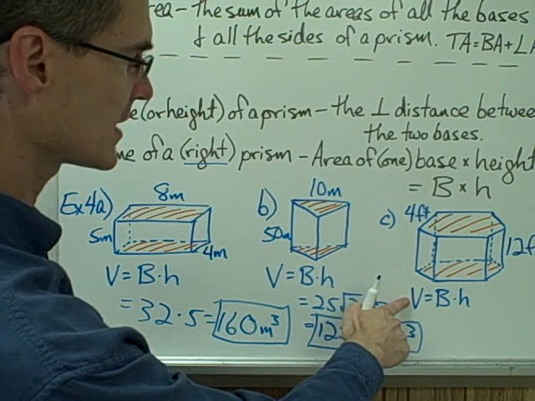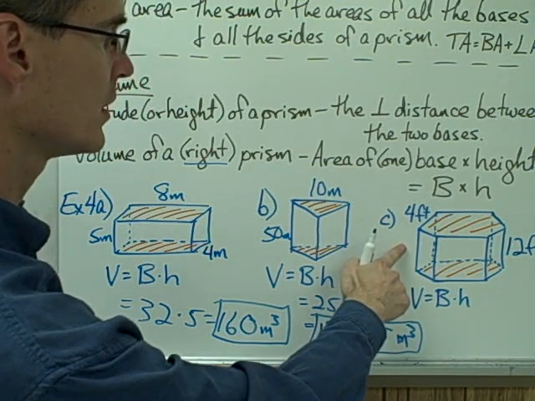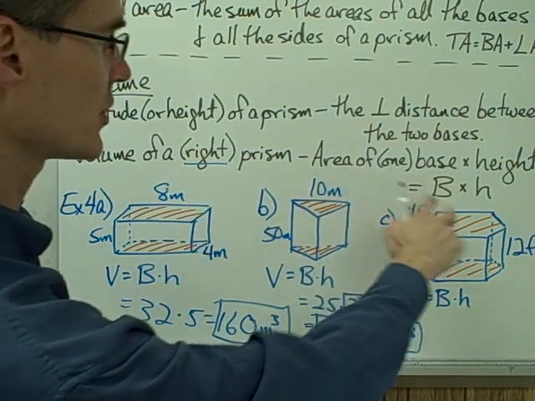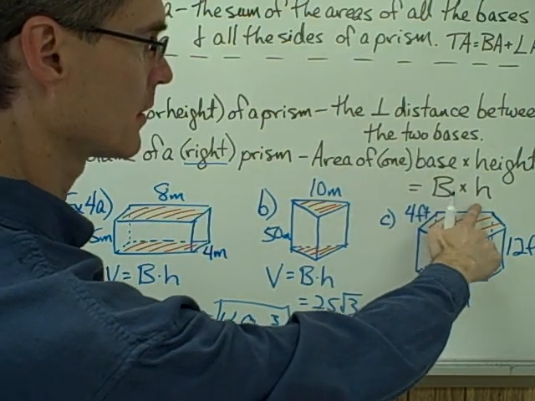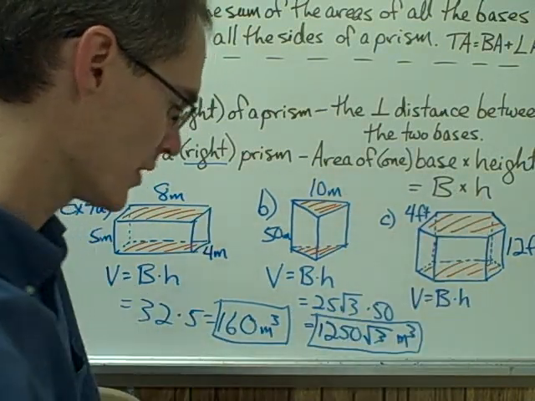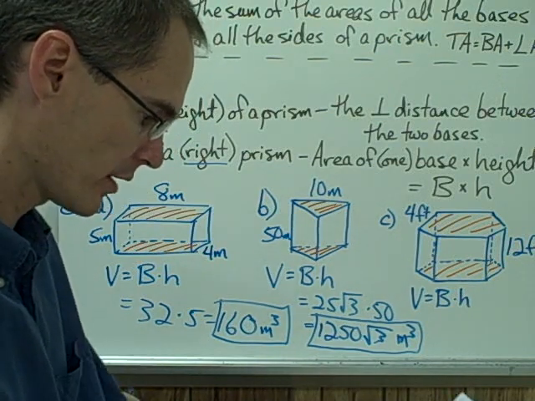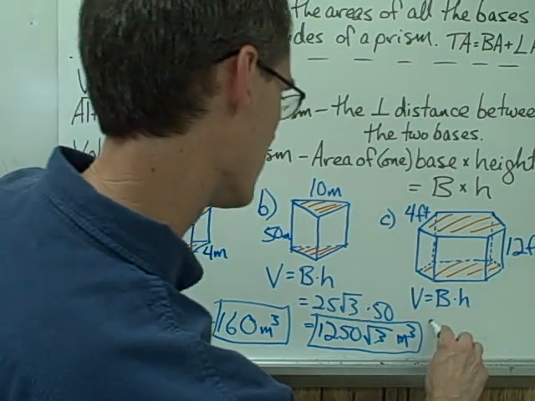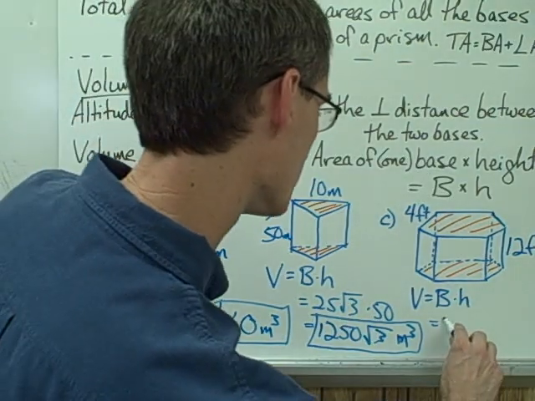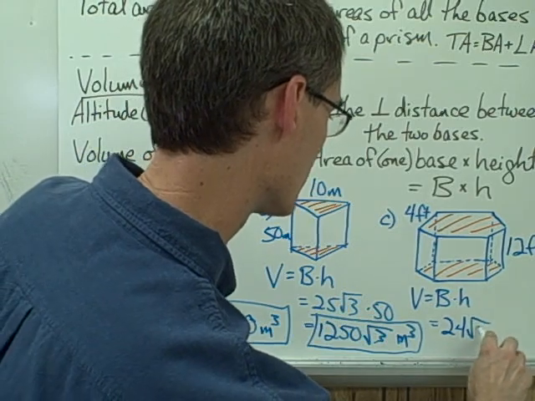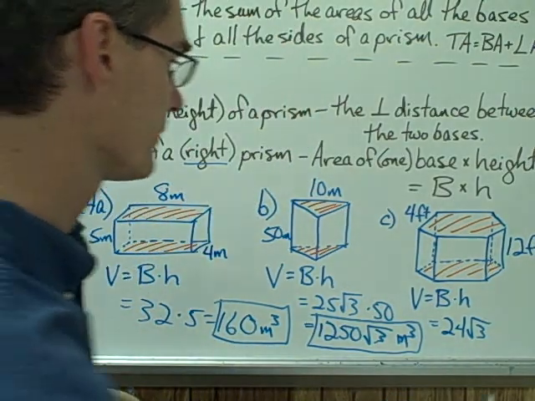Finally, I'm going to use this same formula for the volume of my regular hexagonal prism. So the volume is just the area of one base times the height. Looking back at example 1, the area of one base for my hexagonal prism is 24 radical 3.